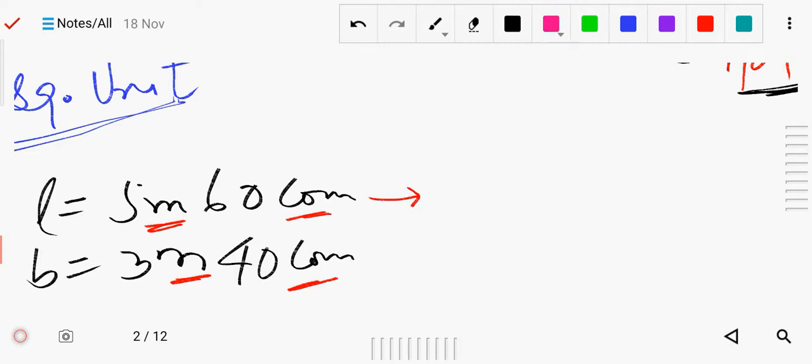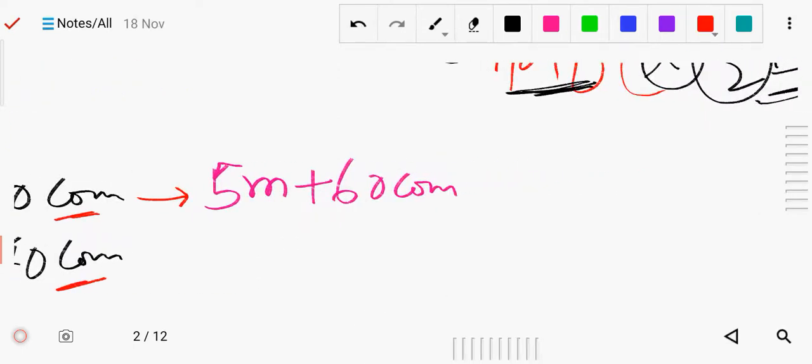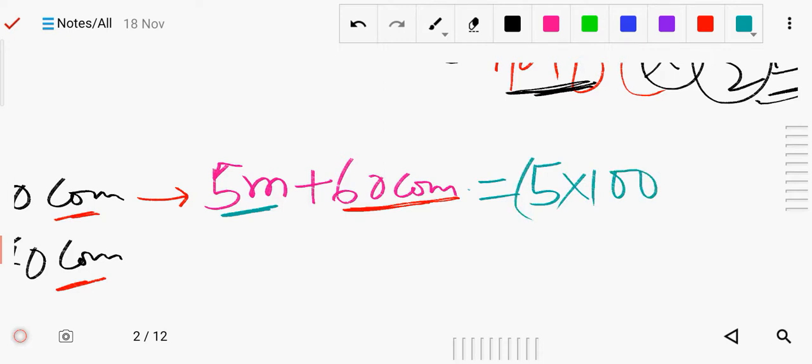To change to centimeter, as you already know, you have to write in the plus form: 5 meter and 60 centimeter. Now this centimeter is already in centimeter, no need to change. You only have to change the meter part. So 5 into 100, because in 1 meter how many centimeter? 100. And we are going from highest to lowest, so it will be multiplied.